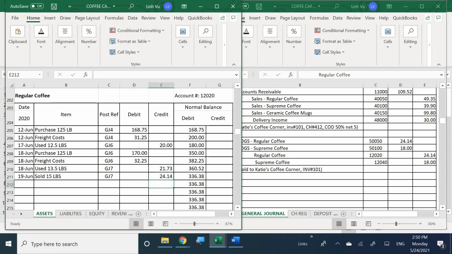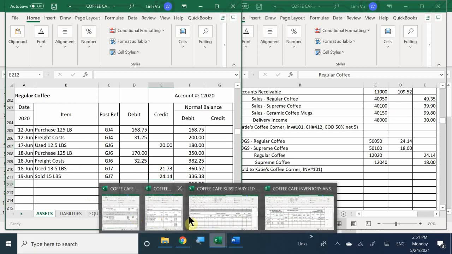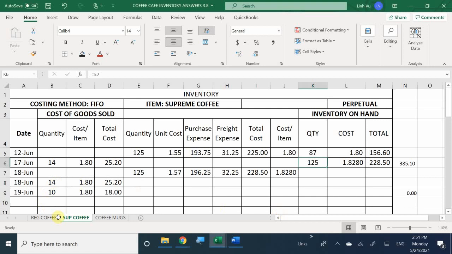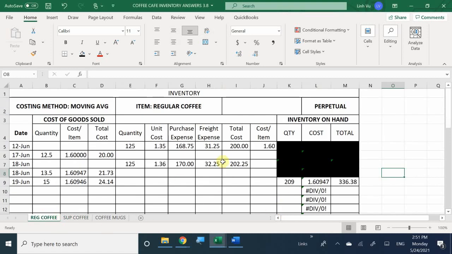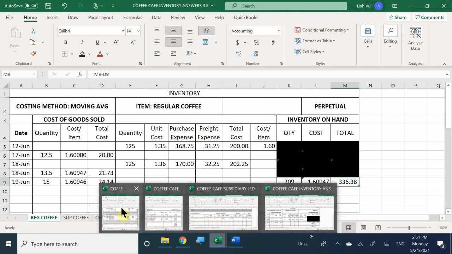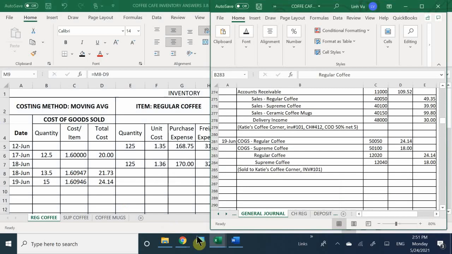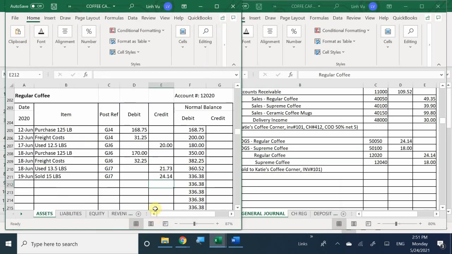We should get 336.38, which should match your inventory worksheet. So I'm going to confirm. Can you hang on just a sec? What happened? Oh, I was on regular coffee. There we go.